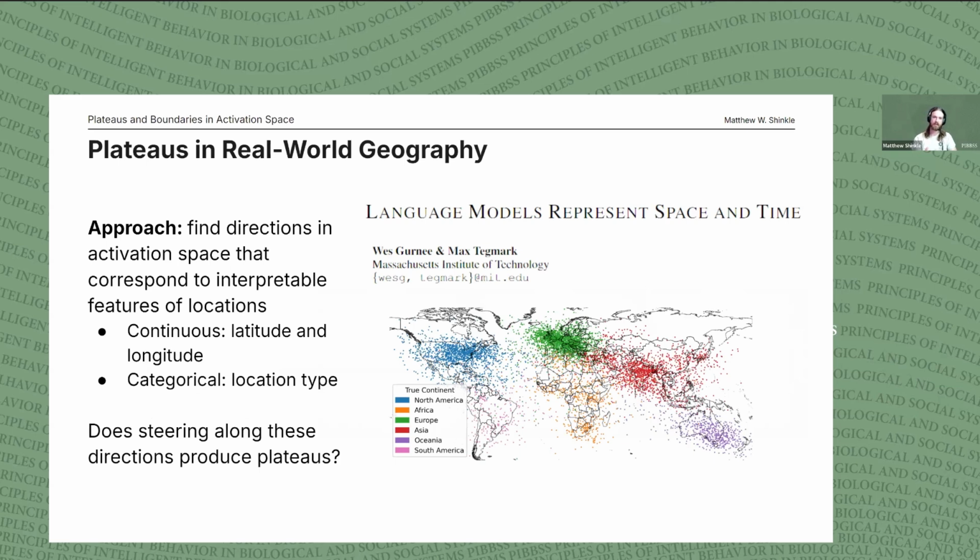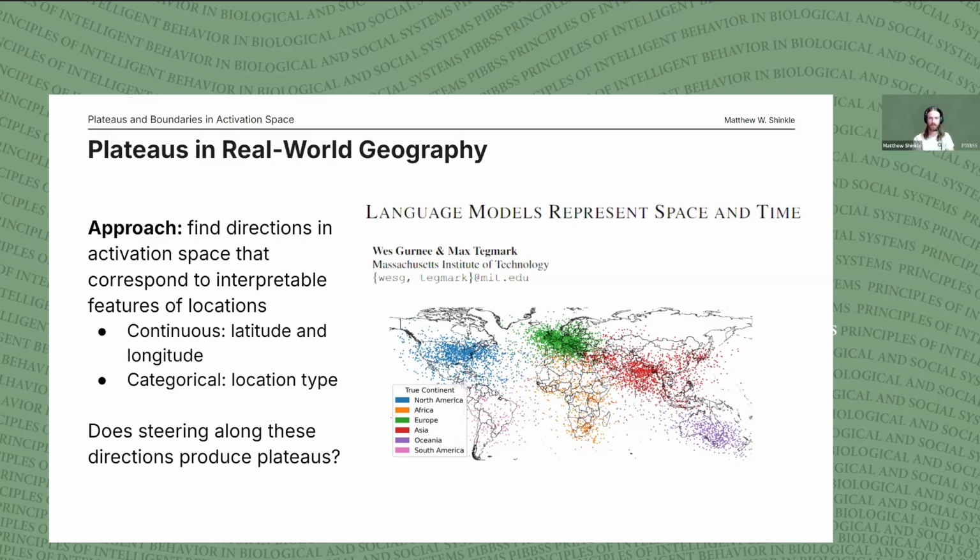In one of these experiments, I wanted to see if plateaus emerge more clearly along dimensions in activation space that correspond to continuous versus categorical features. To do this, I used a dataset of world locations from this paper by Wes Gurnee and Max Tegmark.